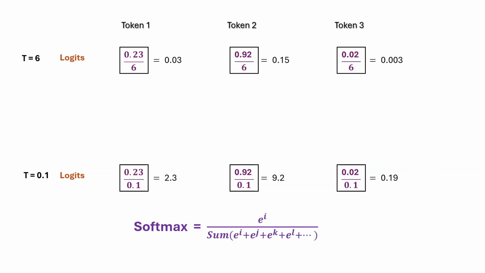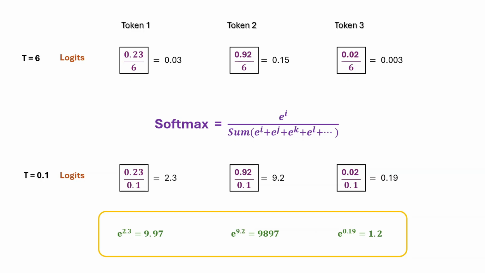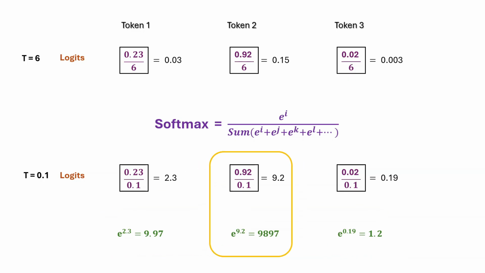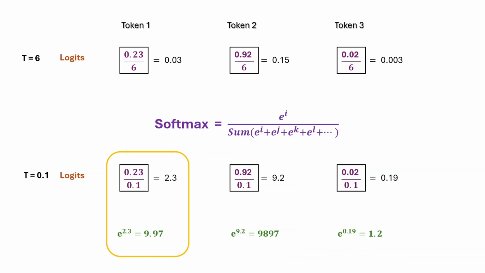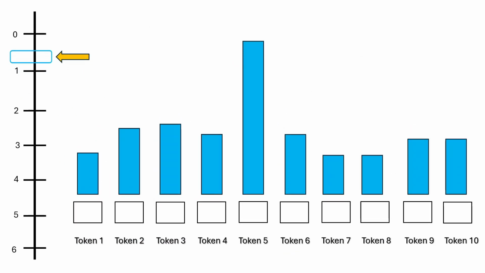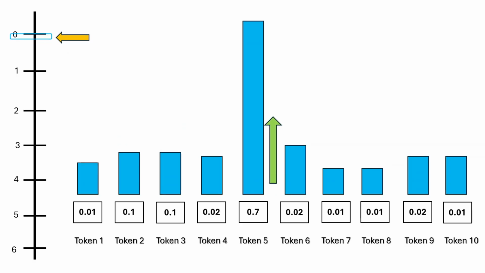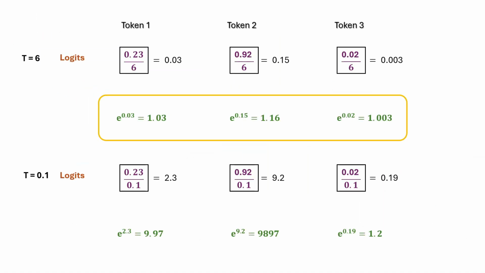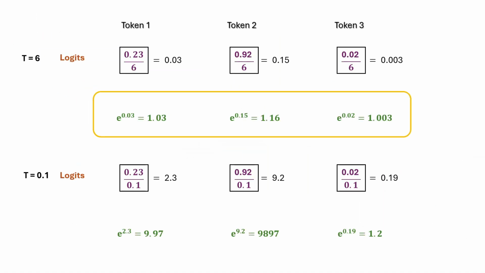In softmax function, we have exponential. The nature of exponential is it increases the bigger value a lot, but it does not affect the smaller values much. That is why, while calculating softmax score, the probability of more likely words will be increased and the probability of less likely words will be decreased. And in this case, we are dividing by a big temperature.